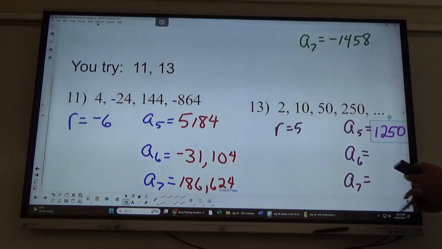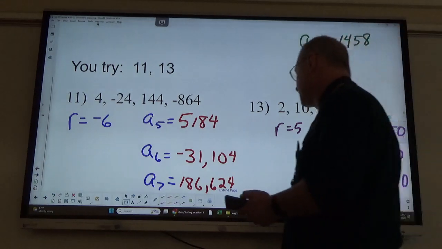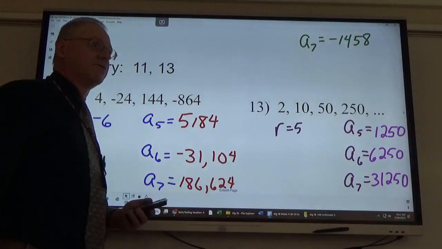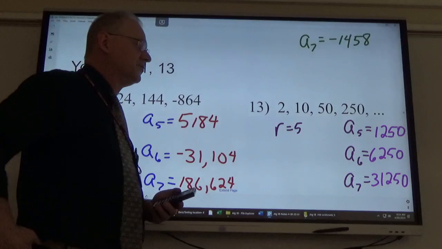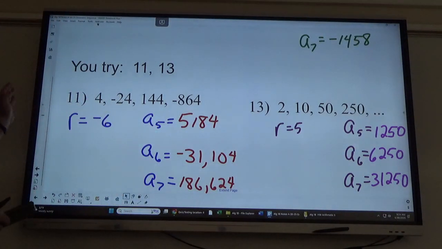Times 5 is 6,250. And times 5 is 31,250. Now, each time they ended up 250, that's a product or a result of multiplying by 5s in this case. So hopefully that's clear.